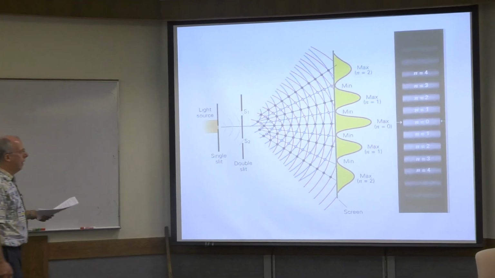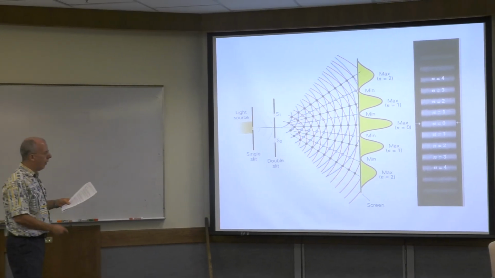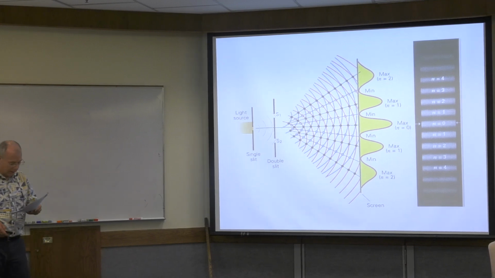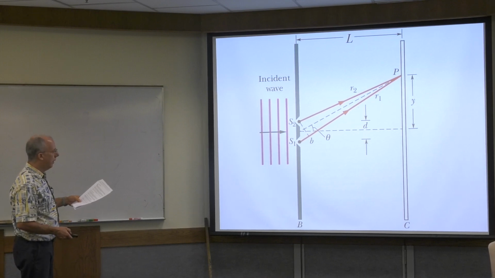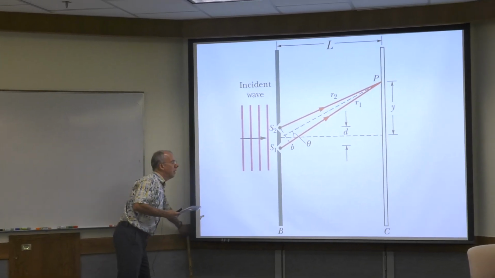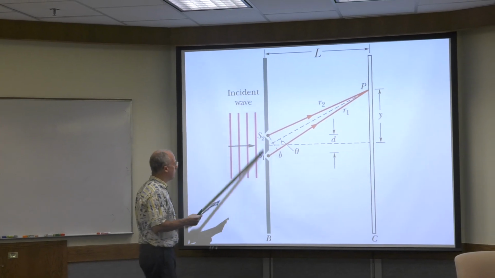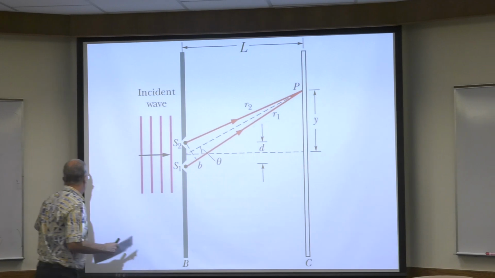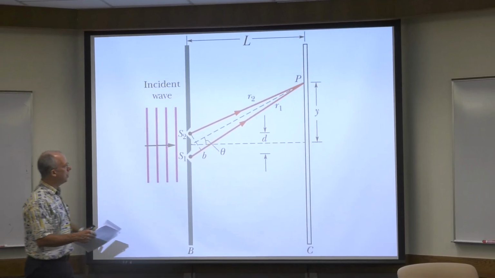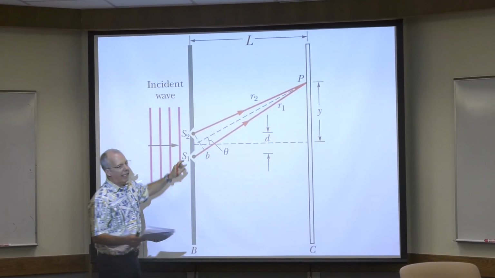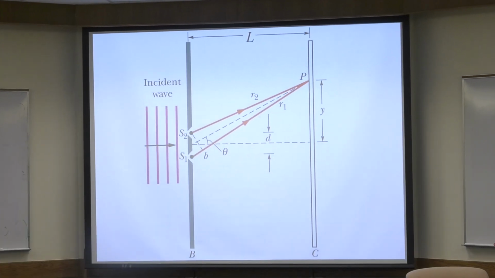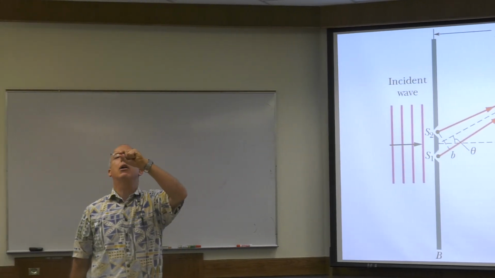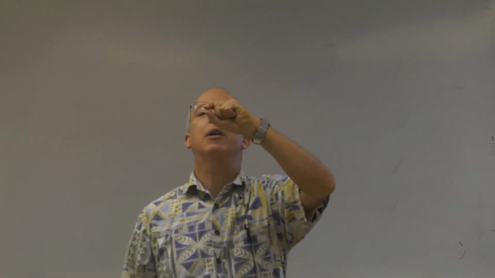All right, so here we go. Now, we're going to make some assumptions that are going to save us a lot of time and a lot of trouble. And the assumption is that the distance between the slits and the screen, this L, is much, much larger than this. And I guarantee you it is. When I did this, you can't see this, but the distance between the slits is, I don't know, like 1/10 of a millimeter or something like that.